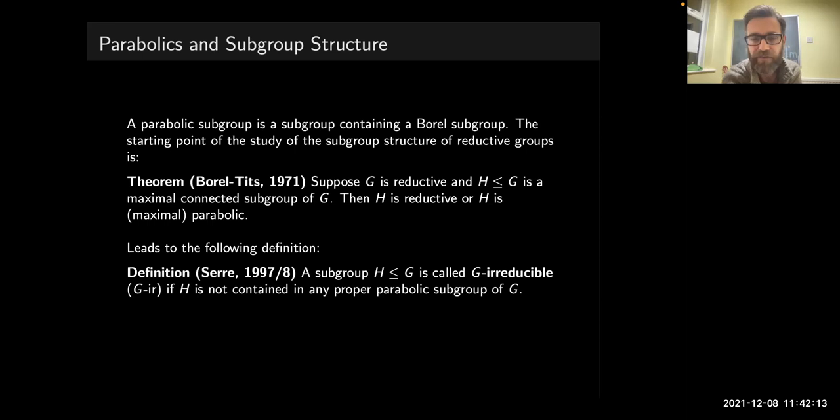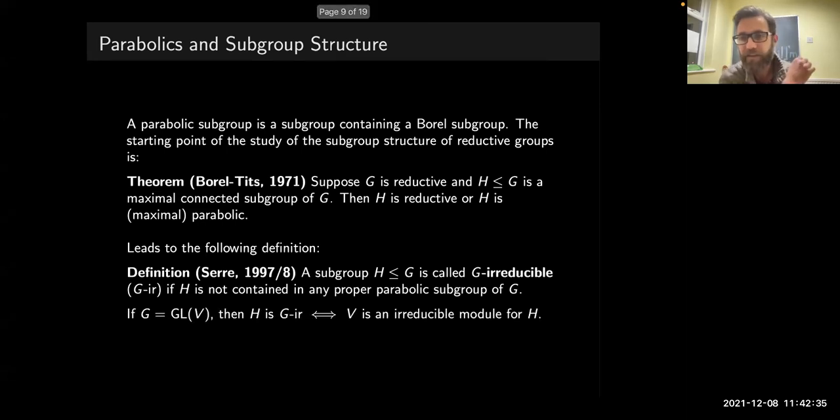But in fact, you can show that such a subgroup that's not contained in any proper parabolic must be reductive itself because of this Borel-Tits result. And Serre christened these G-irreducible subgroups. And the reason for that name is, again, the general linear case.